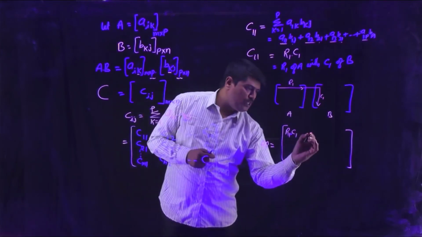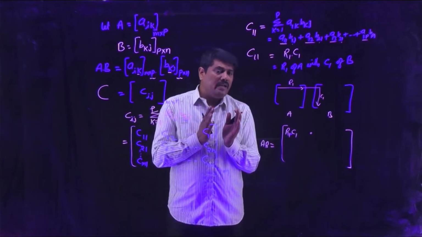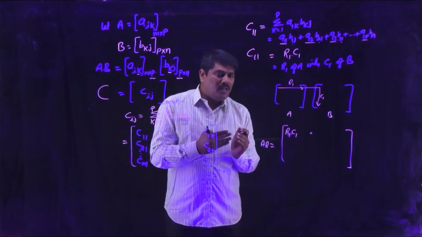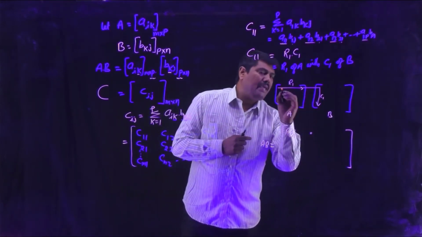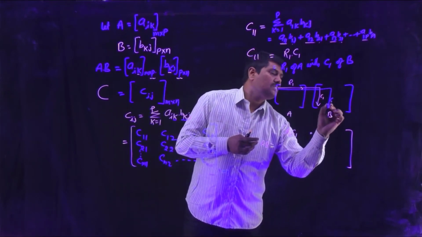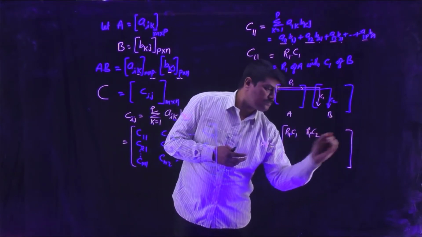What is this position? First row second column element, the 1 2 position. That means you have to multiply R1 with C2. So you get R1 C2 here.